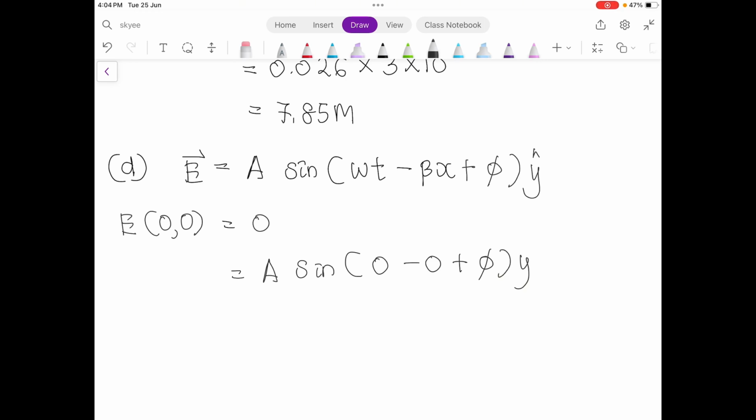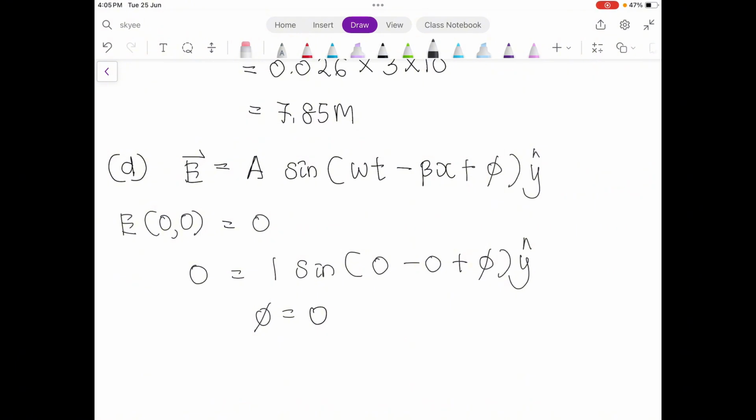So in order to make this thing 0, it must be sine 0. So this also means that phi is equal to 0. And of course, you can replace the A with 1, the amplitude given by the question.